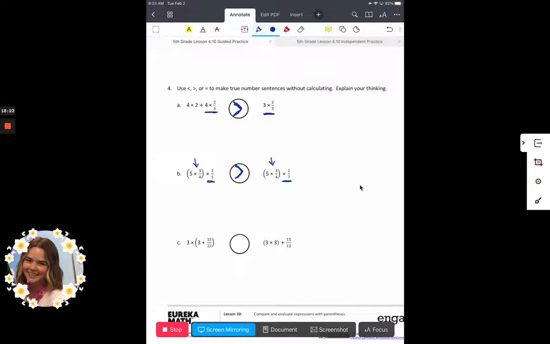So our first expression, 3 times something in parentheses, then we have 3 times 3 plus a fraction. Since we're multiplying the first one by 3, that whole fraction piece by 3, we can think of this as being 3 times 15/12 or adding 15/12. Well, 3 times 15/12 is always going to be greater than just adding 15/12.